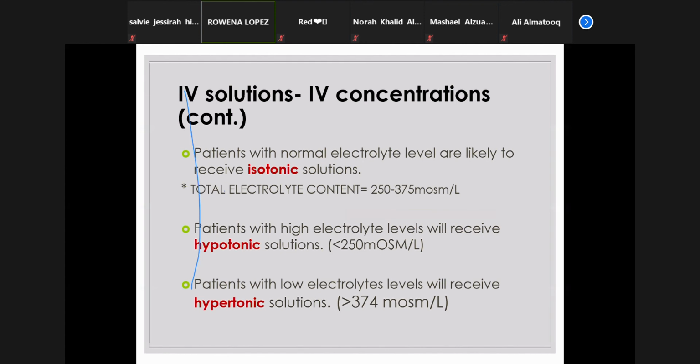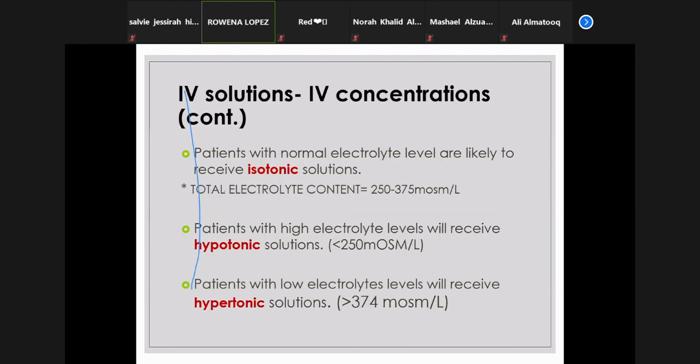A patient with high electrolyte levels will receive less than 250 mOsm per liter, so this is a hypotonic solution. And a patient with low electrolyte levels will receive hypertonic solution, which is more than 374 mOsm per liter. This can be seen in the label of your IV.